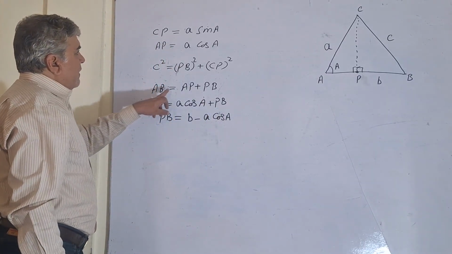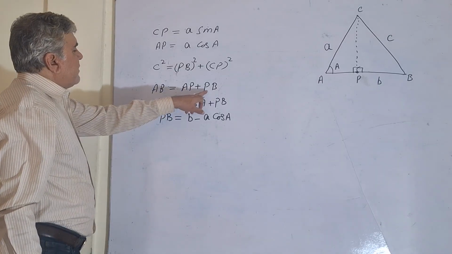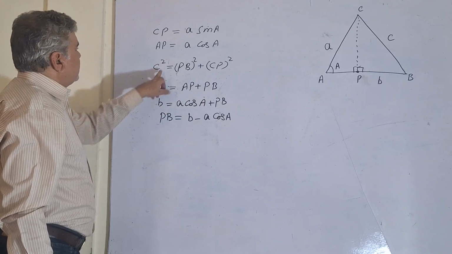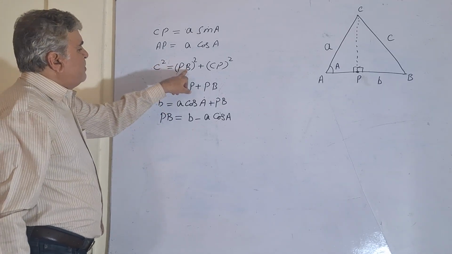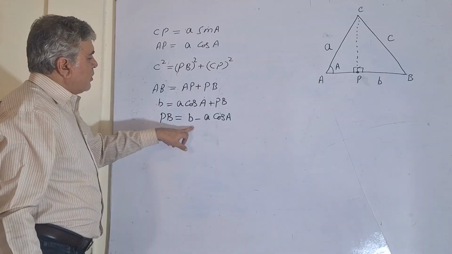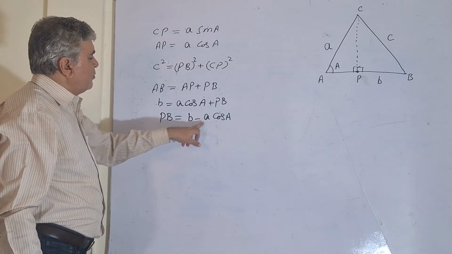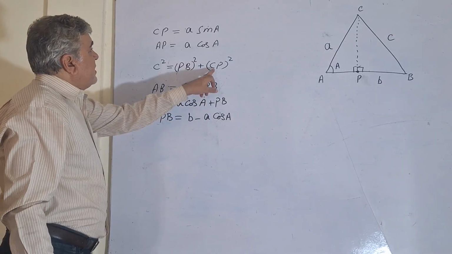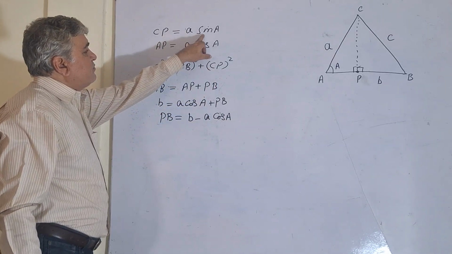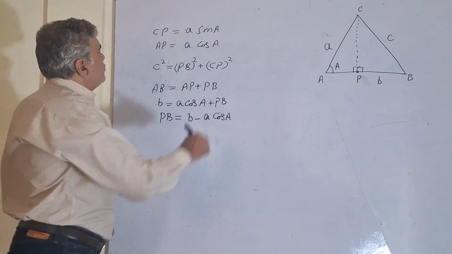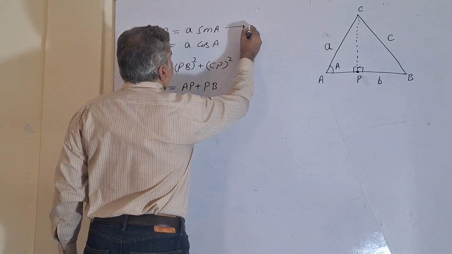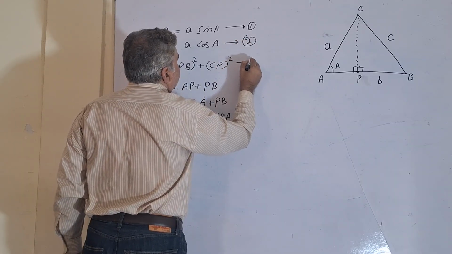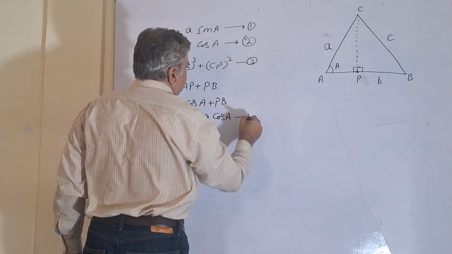So now in this equation c squared is equal to PB squared, and PB is now known in terms of the three known parameters, that is b, a, and the angle A, and similarly CP is known to us from this equation. Let me call this equation 1, this equation 2, this equation 3, and this one equation 4.